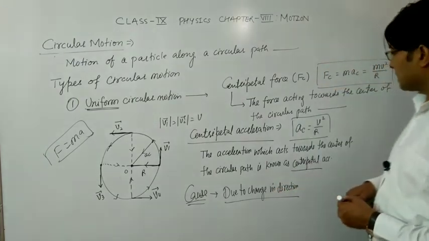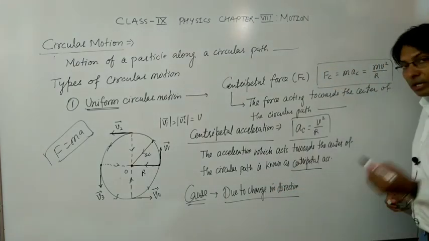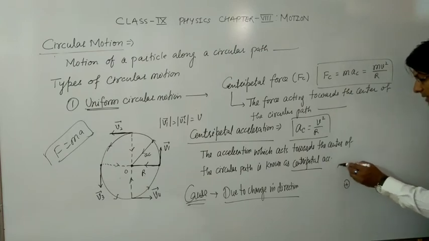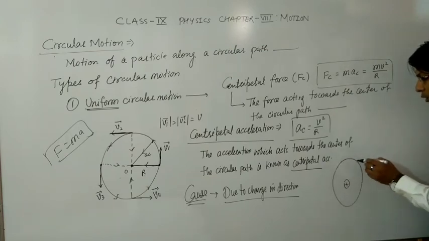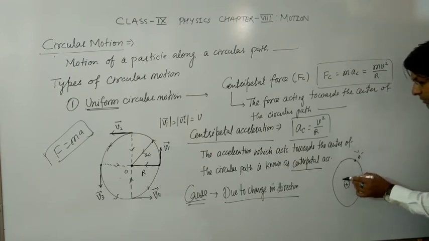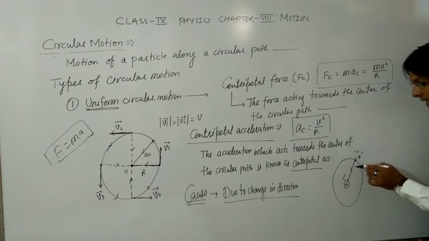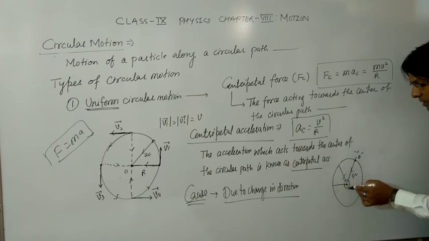For example, if you talk about an electron revolving around a nucleus, suppose this is the nucleus and this is the circular path along which one electron or electrons are moving. Between this electron and this positively charged nucleus there will be an electrostatic force of attraction. So this electrostatic force will be acting as the centripetal force, and this will always act towards the center.